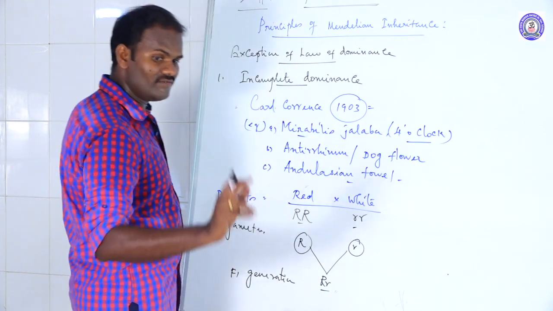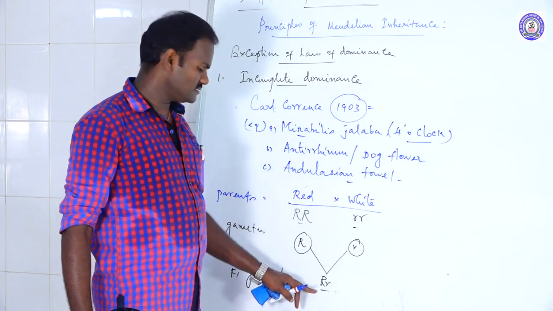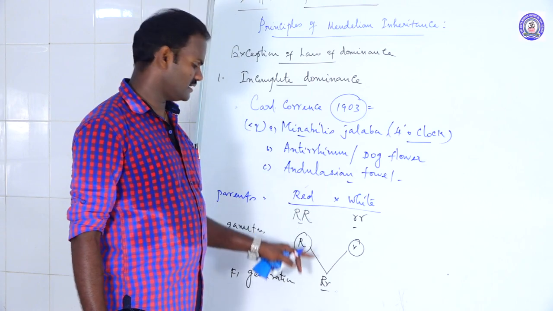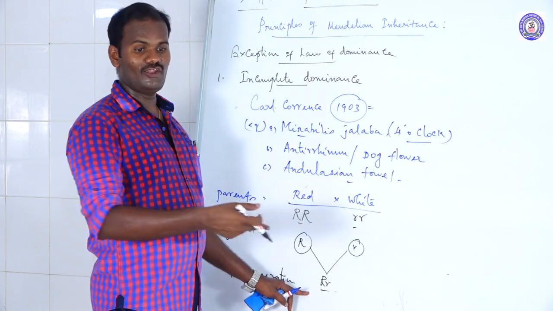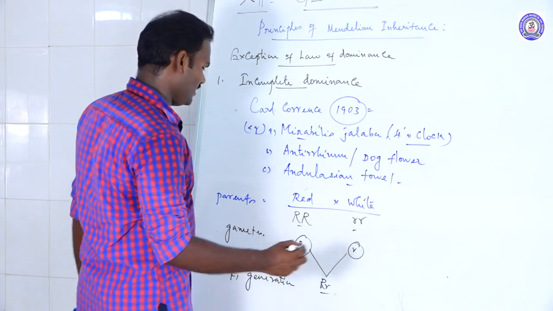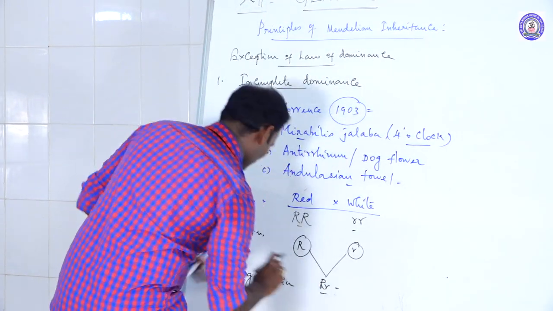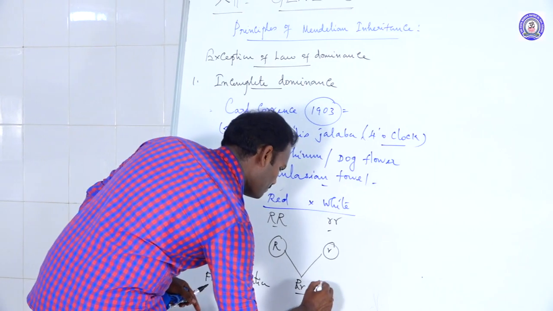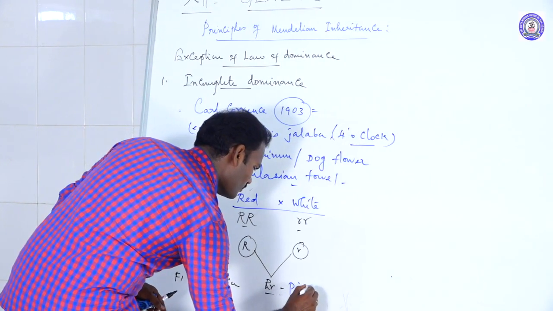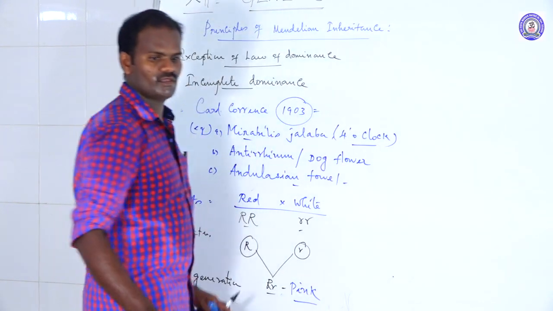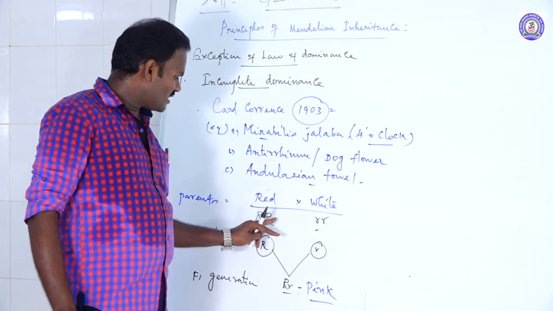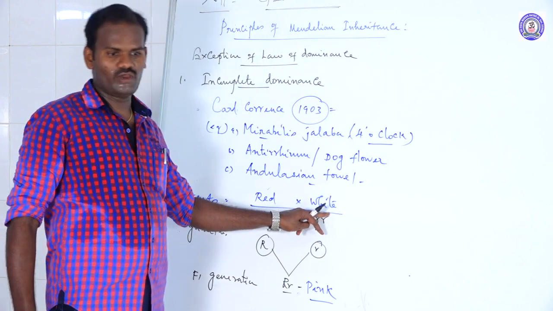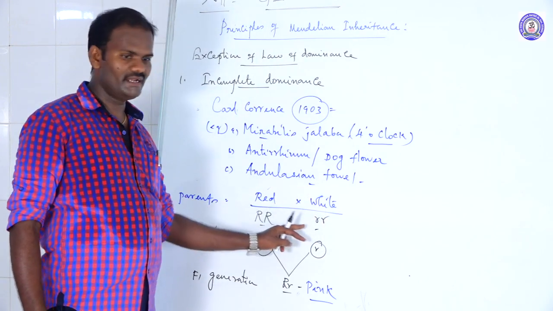But according to the law of dominance, one of the parental characters, the dominant character, should be expressed. The F1 should actually be red flowers, but here the law of dominance fails. All the F1 plants show pink color flowers. So the red flower is not completely dominant over the white flower. That is called incomplete dominance.